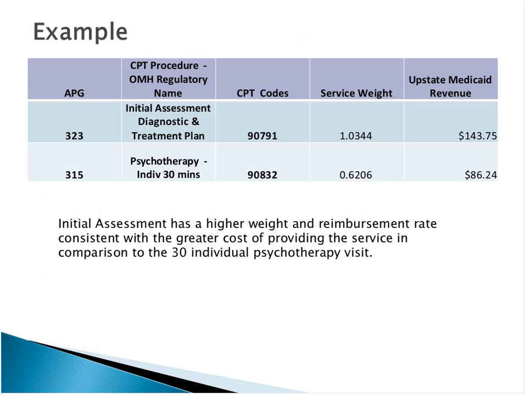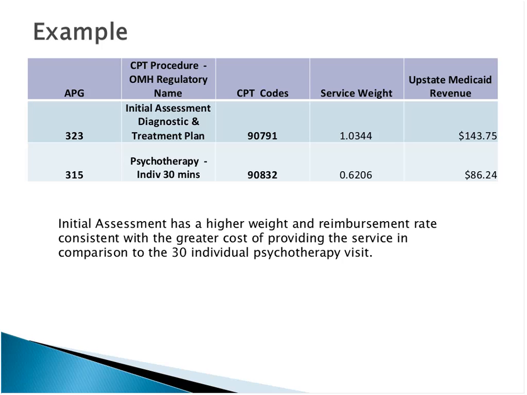Here's an example. This is a 90791, which is the initial assessment and diagnostic with treatment plan. It takes more time, has more paperwork involved, doing a full assessment. You may need to look at records from prior services to do a good diagnostic workup, and that's going to pay at a service weight of 1.0344. And as you can see, the upstate Medicaid revenue for that will be $143.75.